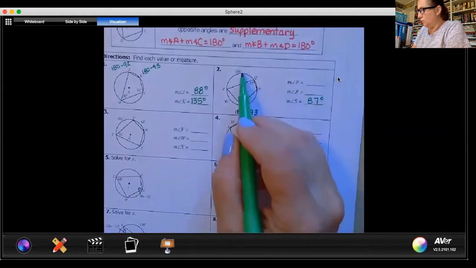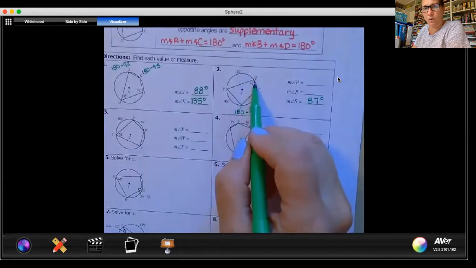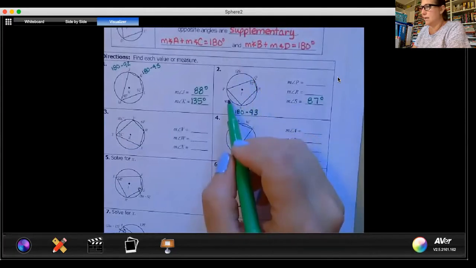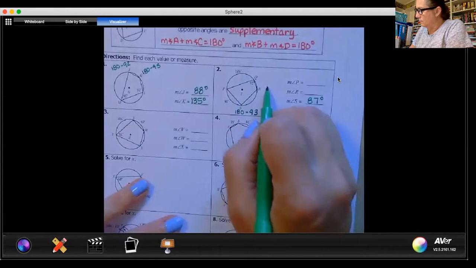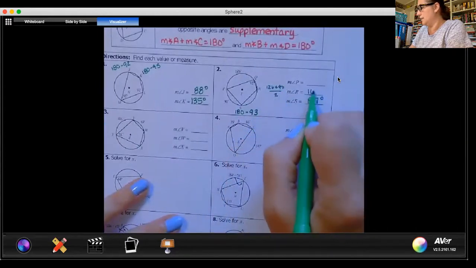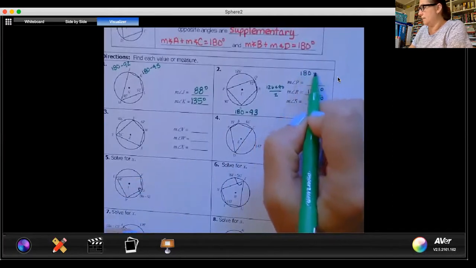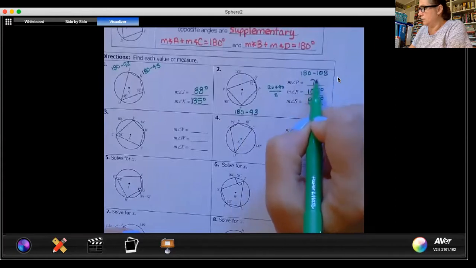So we're going to do 126 plus 90, because R opens up to this whole set of arcs here. So 126 plus 90 divided by 2, and that's going to be 108 degrees. And then P is going to be 180 minus 108, which is 72 degrees.